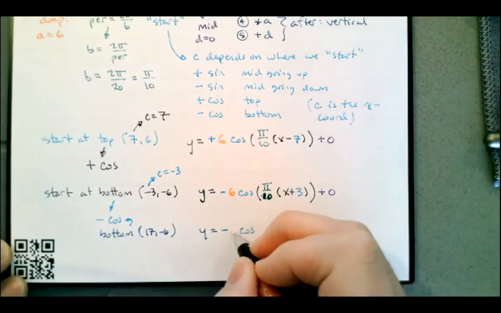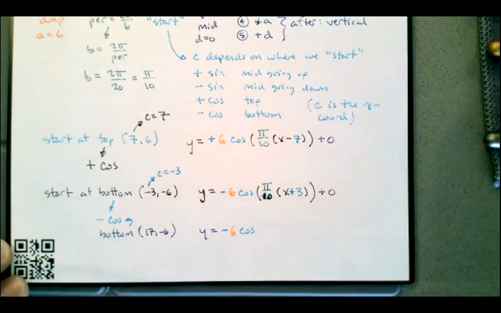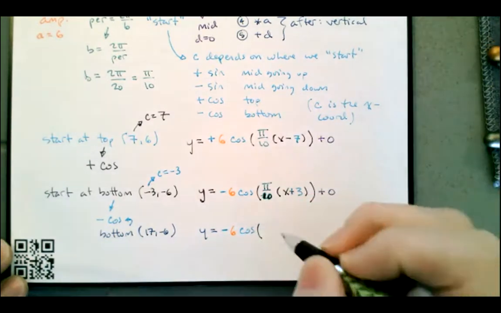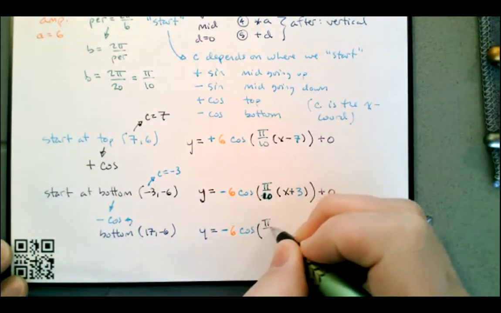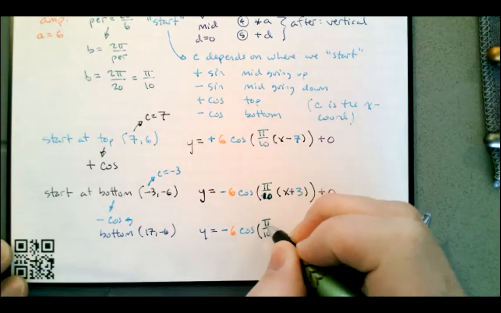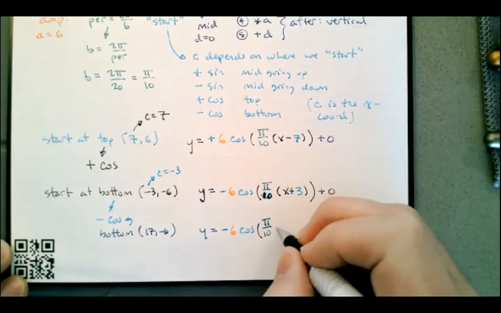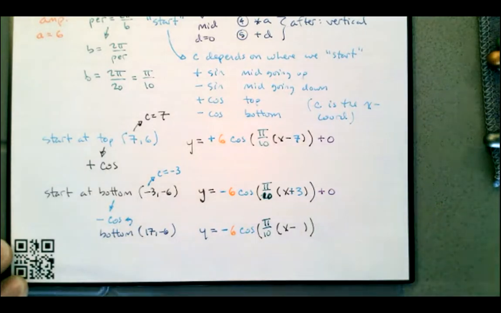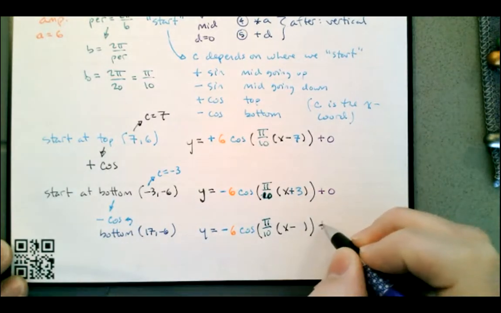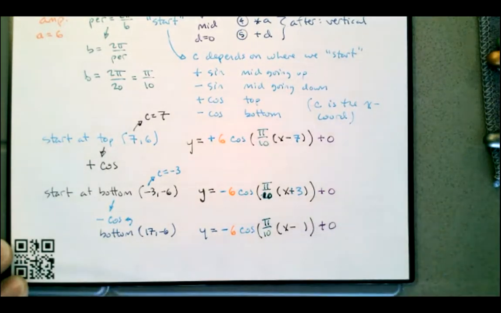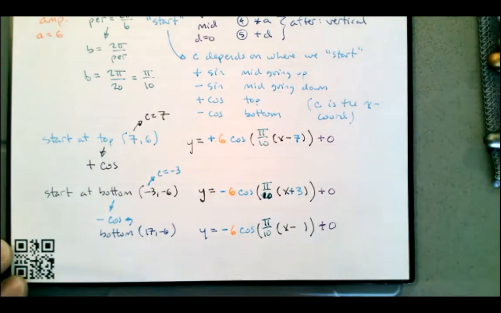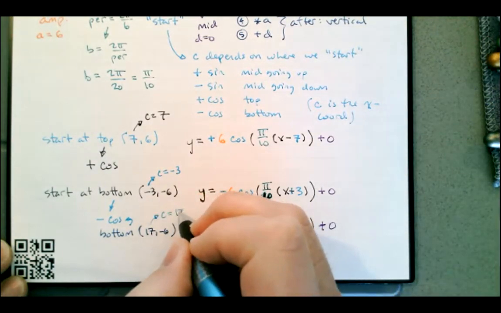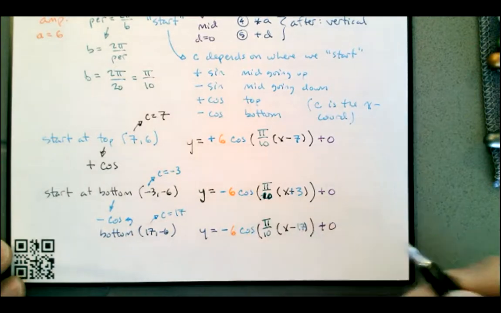A is still 6. B is still pi over 10. We have x minus c, and then on the outside will be plus d, which is still plus 0, which we still wouldn't be writing, yet here I am writing it 3 times. But in this case, c is 17, so x minus 17.